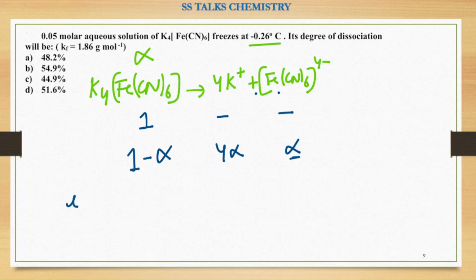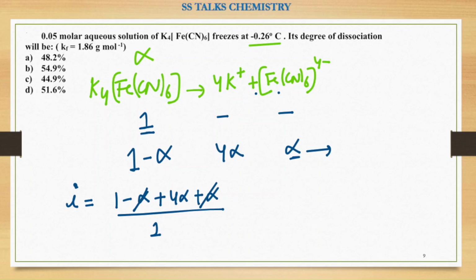Now the i value we have said is the final number of moles formed, that is 1 minus alpha plus 4 alpha plus alpha, because these are the total ions formed afterwards, divided by the initial 1 mole. So this and this get cancelled out. So the i value is equal to 1 plus 4 alpha. This is the relationship: i is equal to 1 plus 4 alpha.